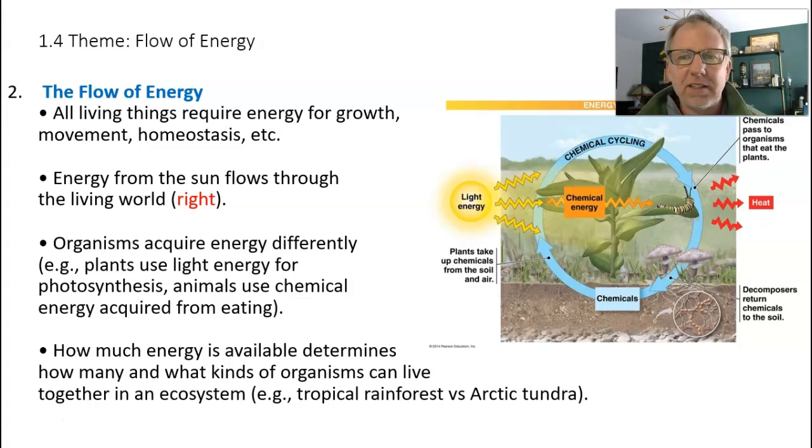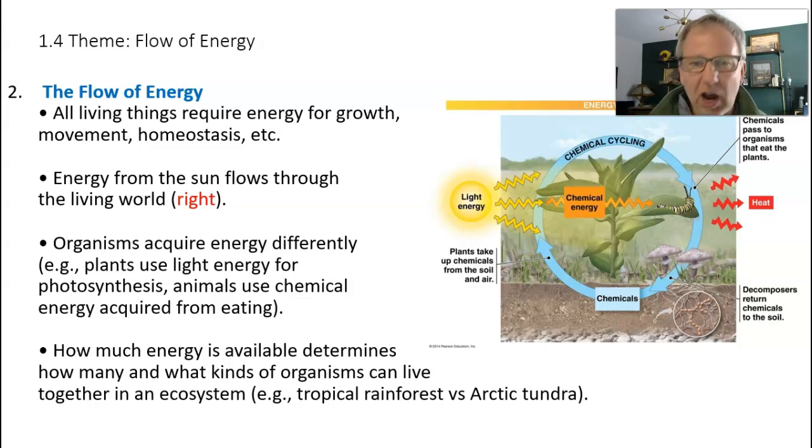Another point I want to make on this slide when you look at this diagram that I included is chemical flow, chemical cycling, which is not part of this theme here. But as organisms are eating, like a caterpillar or a human, chemicals get passed on and they get recycled.